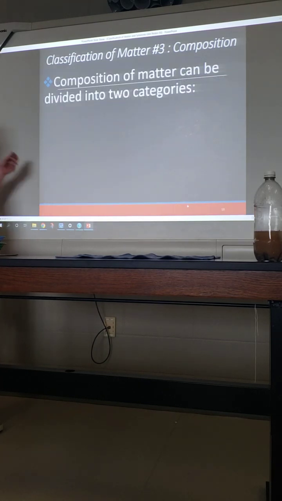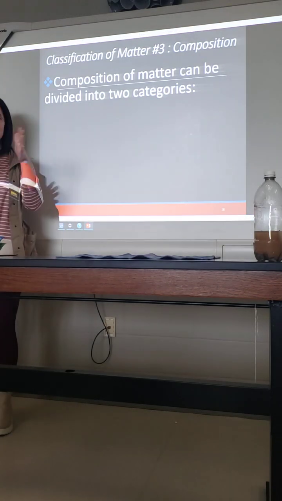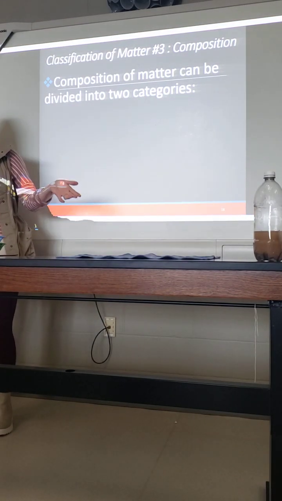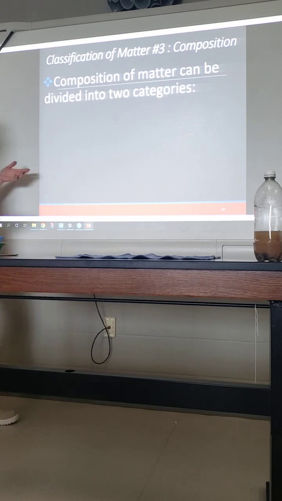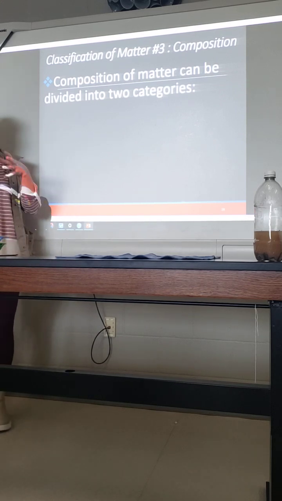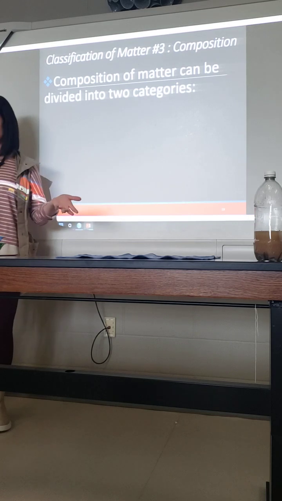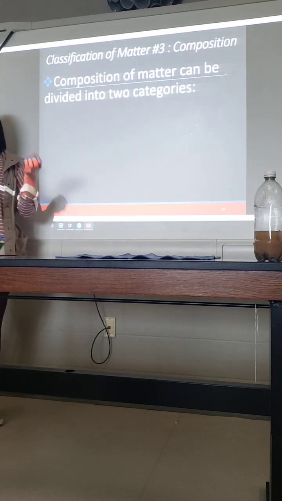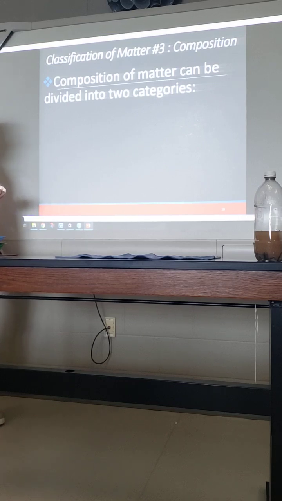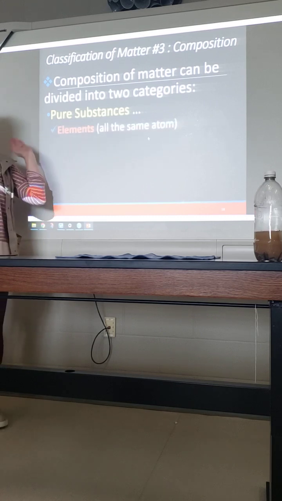All right, so that's one way that we group things is, okay, by how many protons they have, by how many valence electrons they have. Another way of looking at things is when we have a bunch of atoms together to make all of our stuff, all of our substances in the world, what are those things made of, right? How many types of atoms? And there's something called pure substances where it's elements of all the same atoms.